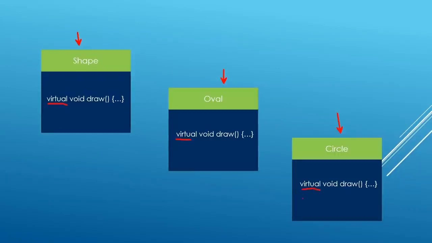Once we do this, the C++ compiler is going to know I want to be looking at the type of the pointer or reference to know which kind of method to call in my inheritance hierarchy if I happen to be using a base pointer or a base reference to manage a derived object. And we're going to be making this super clear in a minute. And if you are lost, please bear with me, you're going to understand.